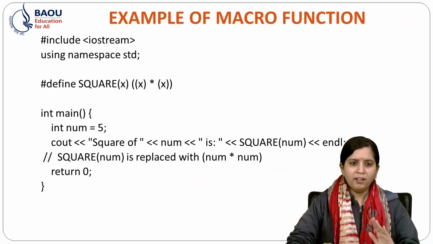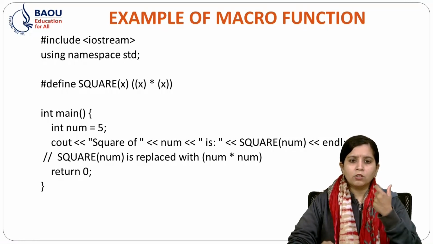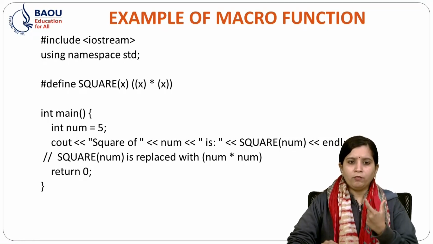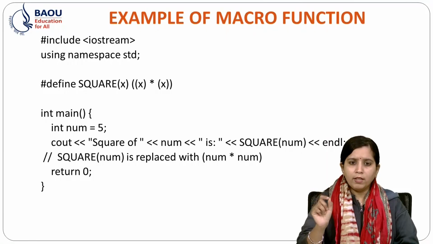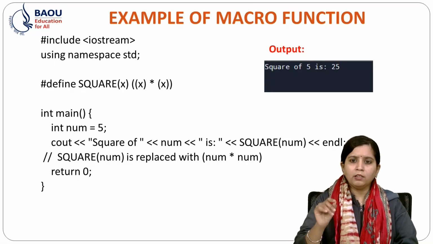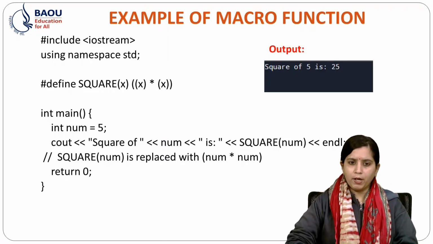So in int main I have declared one variable, int number is equal to 5, and what I want to do is get the square of that number. So simply cout square of num. Num over here is replaced with num into num, that is the square of 5 is 25.